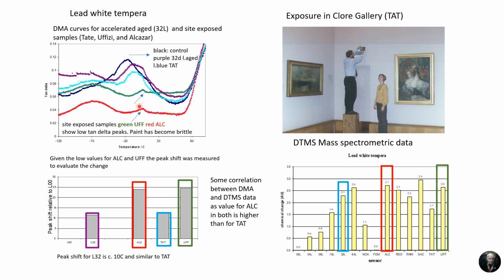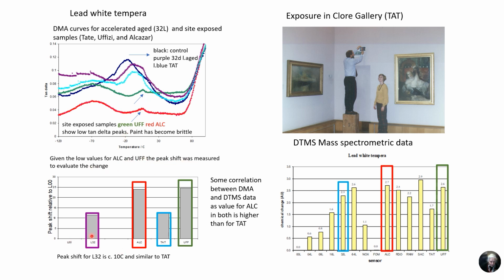But the sites exposed at Uffizi and Alcazar showed a very small peak, and the paint had become quite brittle, and the adhesion between the paint and the Melanex was not so good. So given the low values for Alcazar and Uffizi, the peak shift was measured to evaluate the change.